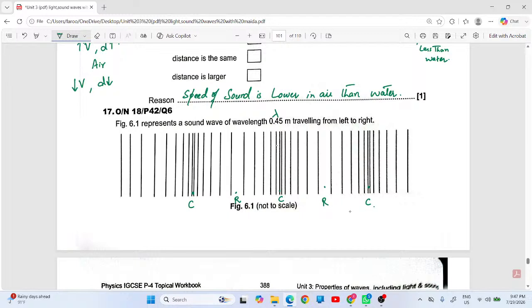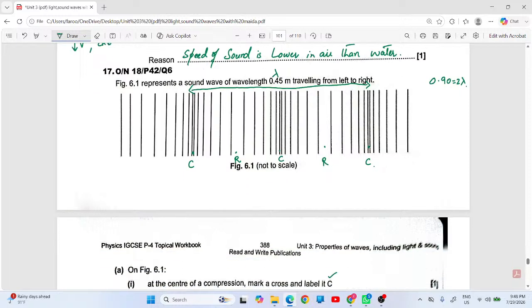Now you have to find out the values of 0.90. 0.90 is 2 lambda, because 0.45 is just 1 lambda, which is the distance between consecutive compressions. Now mark 0.9, that is 2 lambda.